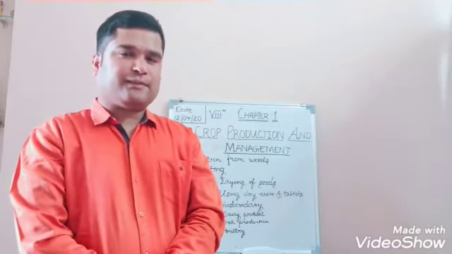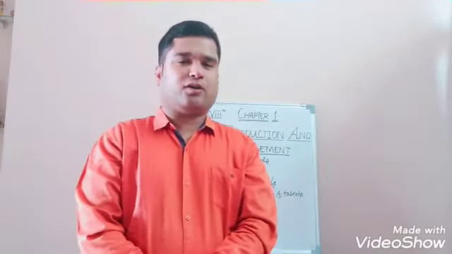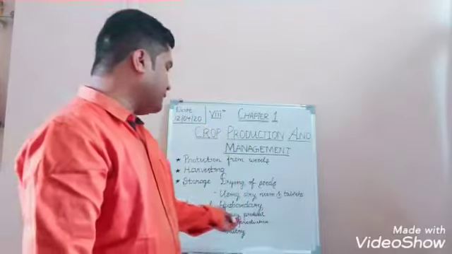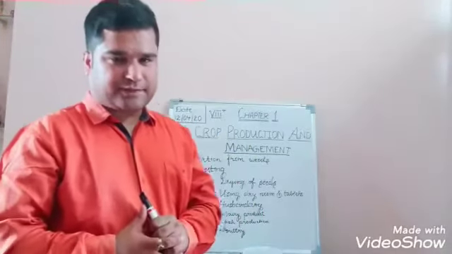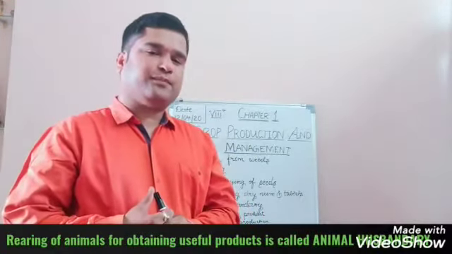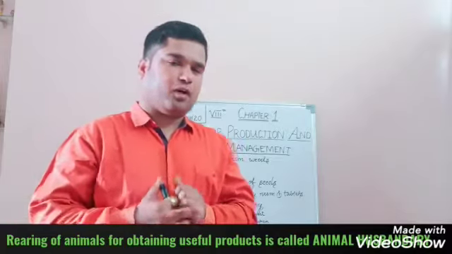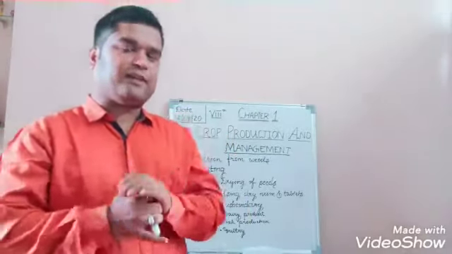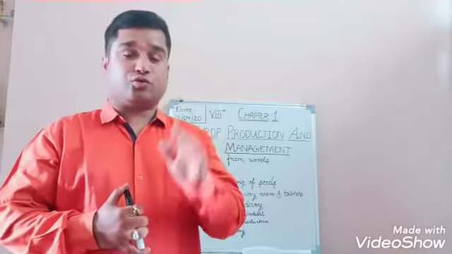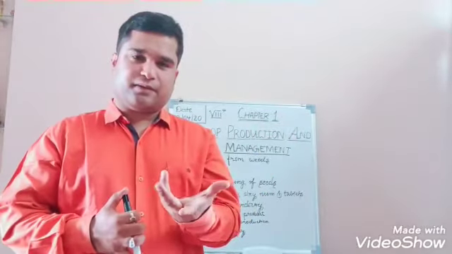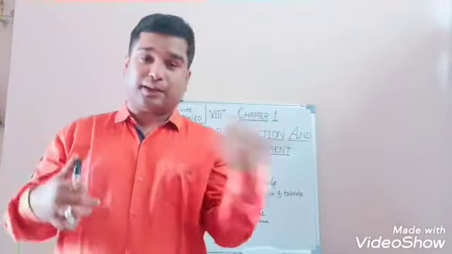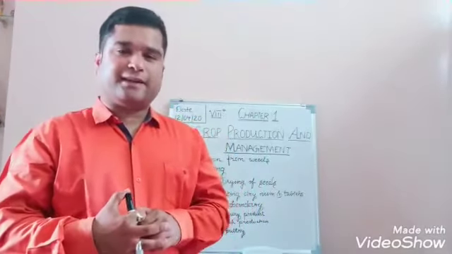But sometimes the farmers may also rear animals for different products. Like we have seen, there are two types of animals which they can rear. First, those who will give them meat, or those who will help them in their farming activities.